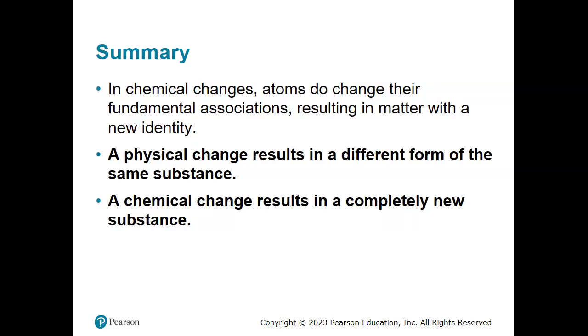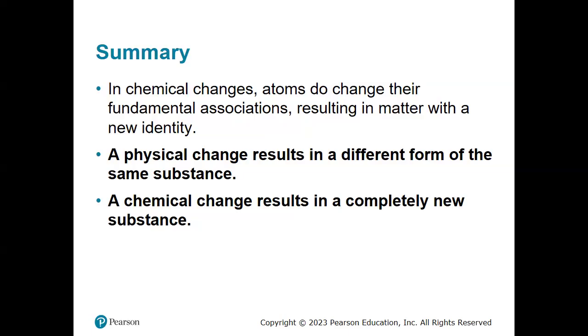So we'll summarize the first part of our discussion here today with this. The main difference between physical and chemical changes is the presence of a new substance. In a physical change, there is no new substance. We start with exactly what we ended, and vice versa.